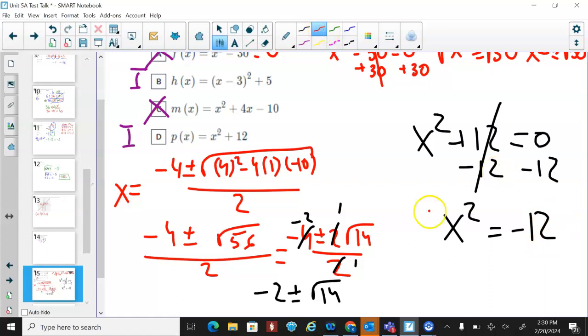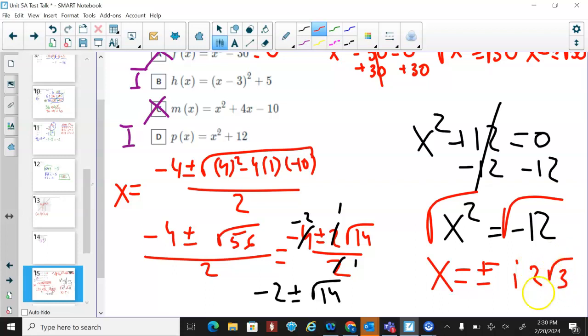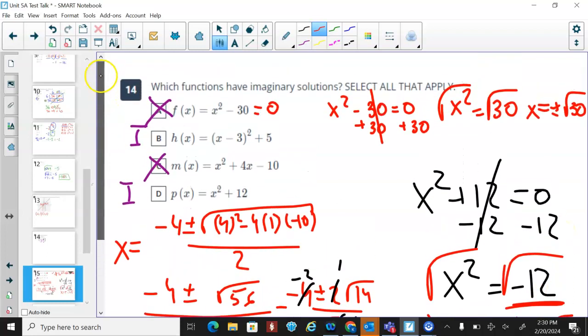Now, when I want to square root it, look what happens. x will equal plus or minus i root 3. Okay, so again, this is going to be imaginary because it has a negative underneath the radical. So I was correct, and Desmos agrees, that these are my two correct answers.